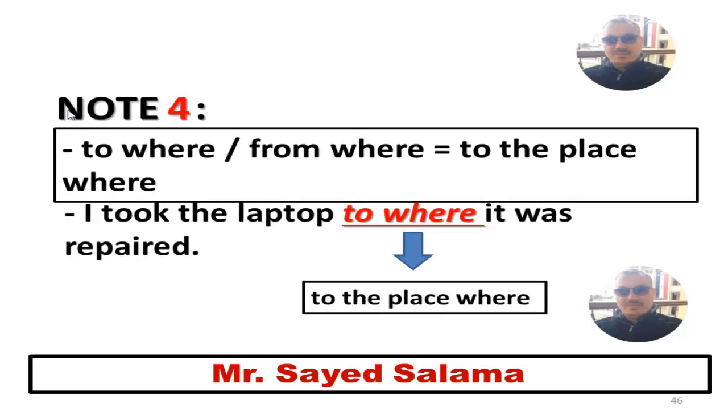Number 4. To where, from where. I think this is something new. To where or from where means what? To the place where. For example, I took the laptop to where it was repaired. معنى الجملة أنا خدت اللابتوب للمكان اللي كان متصلح فيه. يبقى to where means to the place where.